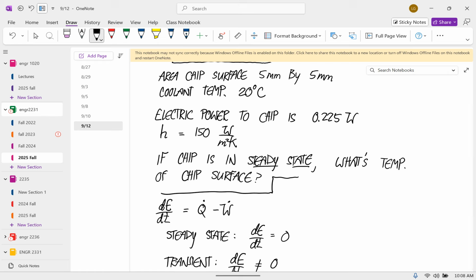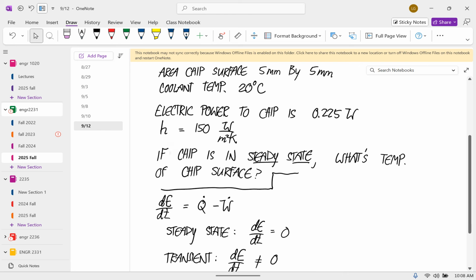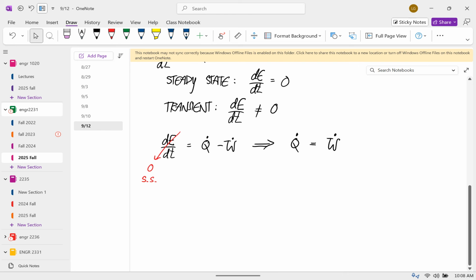So anytime something is powered by electricity, that's treated as power. And that's 0.225 watts. So W dot is equal to plus or minus 0.225. And now we have to think about the sign. So if work is being done on the system, is that positive or negative? Negative.